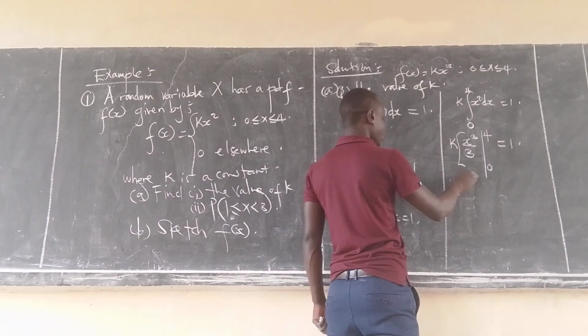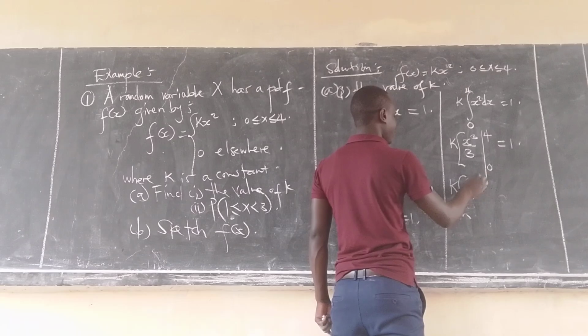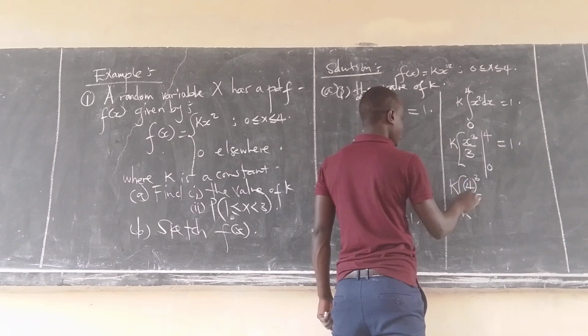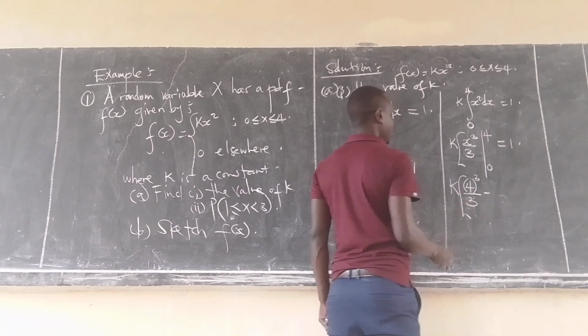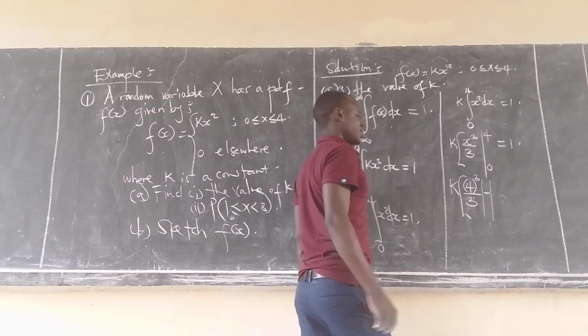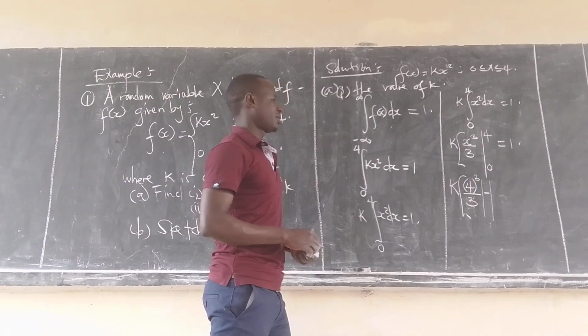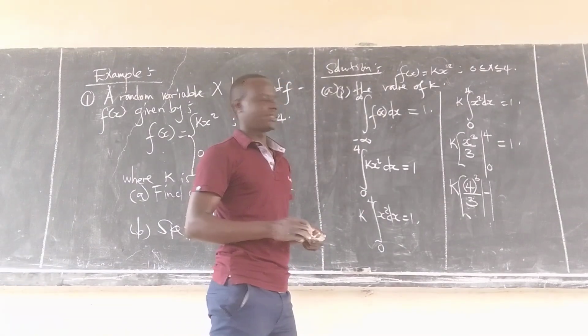So we shall have our k into, put in the upper limit, we are going to have 4 cubed over 3. Put in the lower limit, you can put these lines to indicate that we are done with substituting in the upper limit, and we now want to substitute in the lower limit.